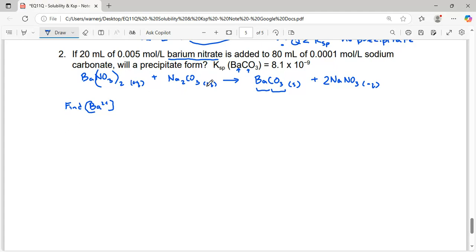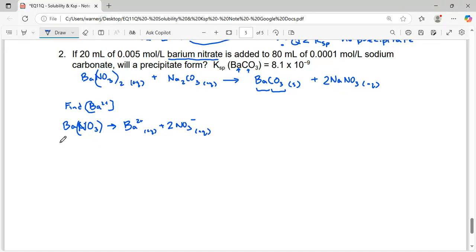I know that barium nitrate would dissociate into barium ions and 2 nitrate ions. I'm just doing this because I want to make sure I have the right mole ratio.